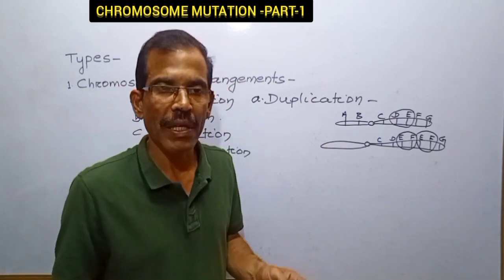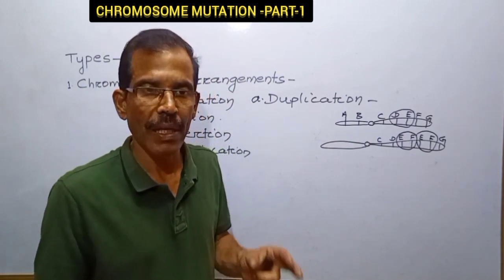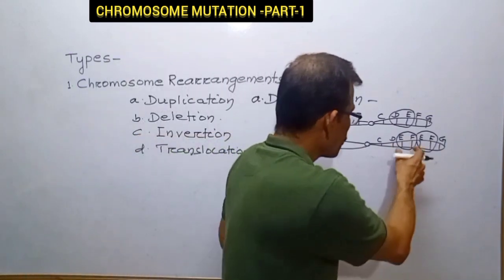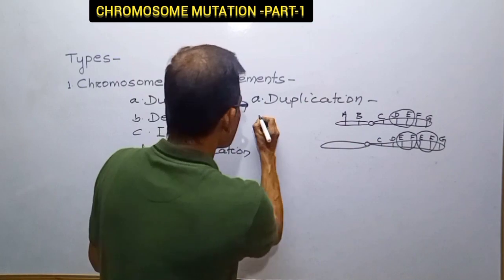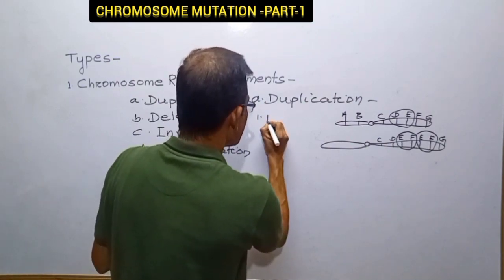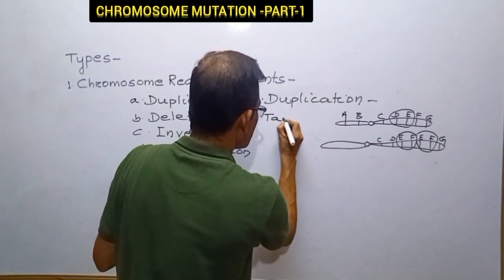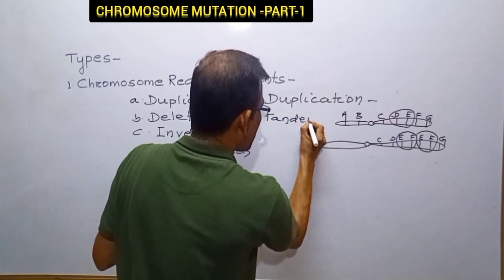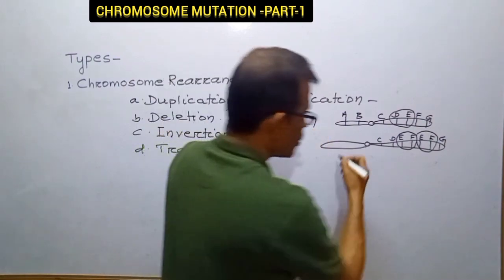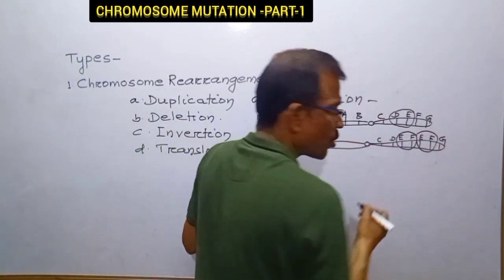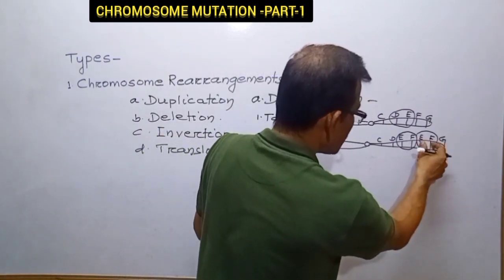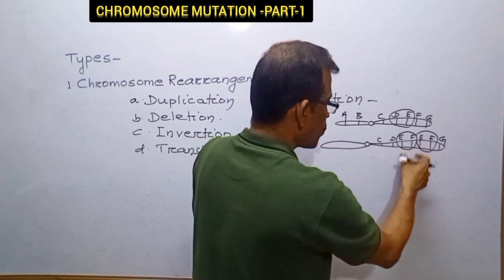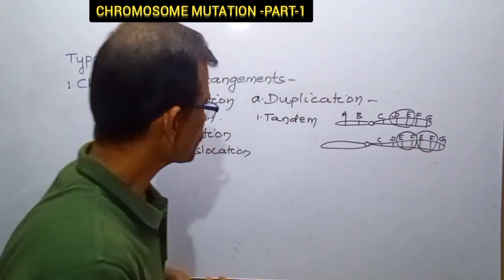When the duplicated region is located immediately adjacent to the original segment, then such type of duplication is known as tandem duplication. This is an example of tandem duplication because the duplicated region is immediately adjacent to the original sequence.